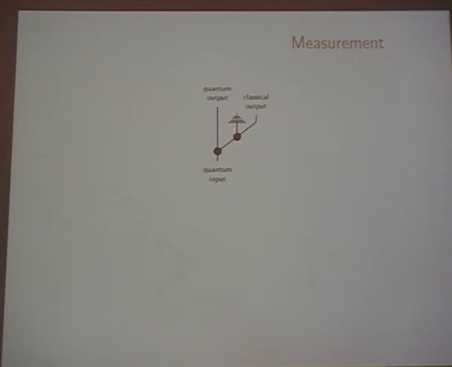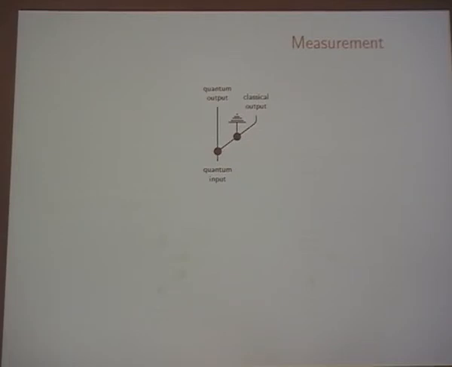And now we take one of the two copies and we make it classical. We send this copy through a classical channel, and we obtain the classical output. So we interpret this morphism as a measurement where the quantum input is here, the quantum output is here, and here this is the classical output.